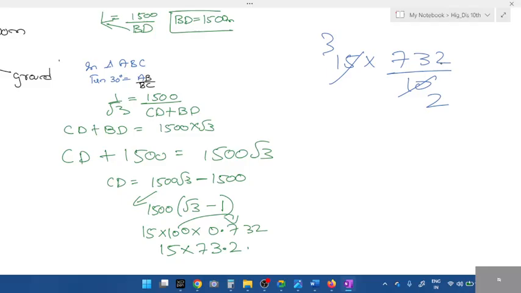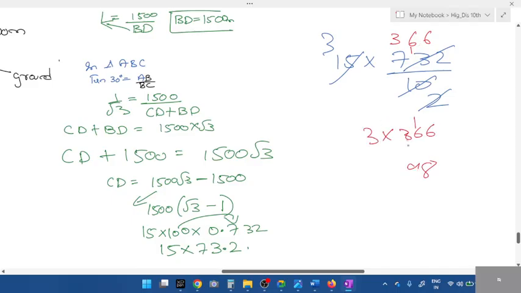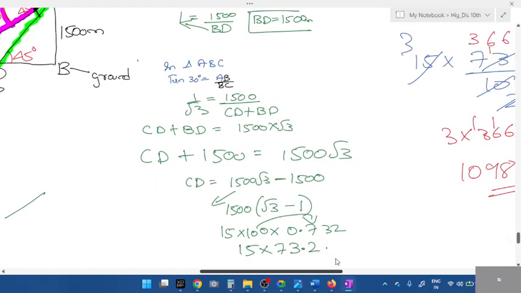Zero. Okay, how many times? Suppose in this one, 0.32. Same one. Okay, I'll check your answer. You're okay. 366. 3 into 366 is what? 1098 meters. So CD is equal to 1098 meters.